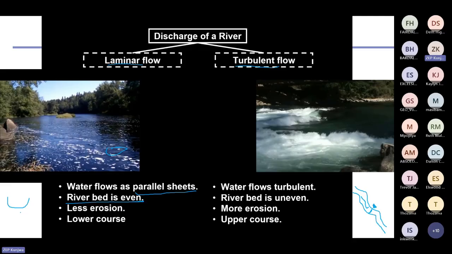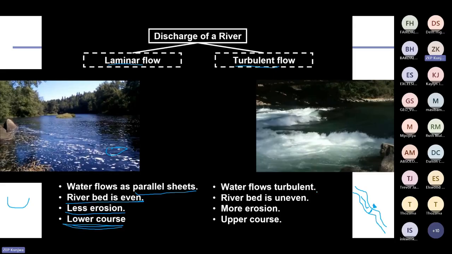So it's flowing quietly and smoothly. Also, because this water is not violent, there is less erosion happening there. Most of the time you find this in the lower course because the slope is not steep. Remember, a steep slope gives water energy. So the slope is not steep, so it doesn't have much energy to flow faster.